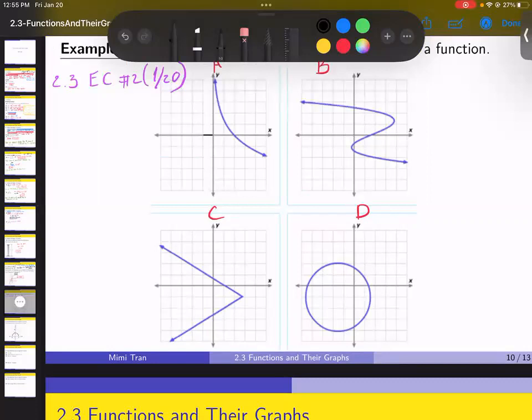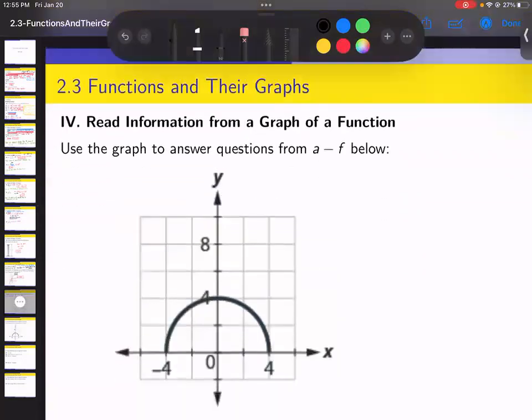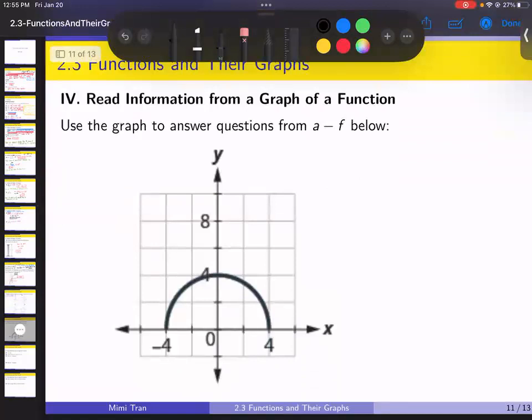I'll turn on the lights. All right, can you see? I want you to see the graph as well.